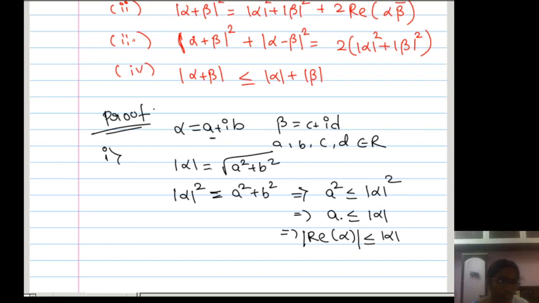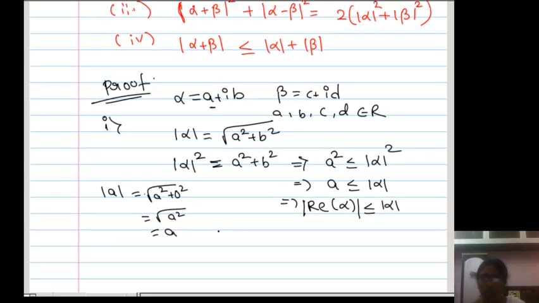Mod of real part of alpha is less than or equal to mod alpha, because tell me, what is the mod of a? Mod of a is also a complex number, under root a square plus 0 square, because the imaginary part is 0, so under root a square. Is it? So mod of a is again equivalent to a only, so I have written a is equal to mod a. So mod of real part of alpha: a is equal to mod a. a is nothing but real part of alpha, less than or equal to mod alpha.